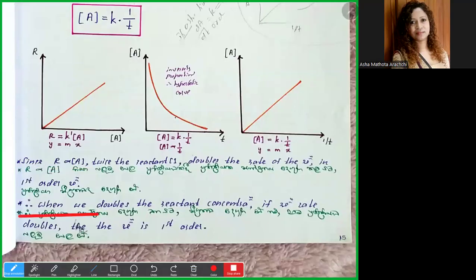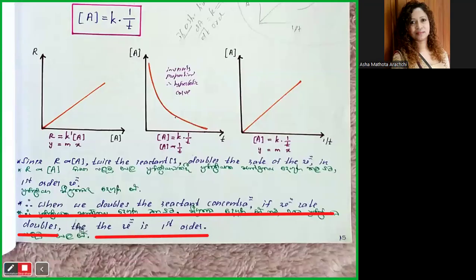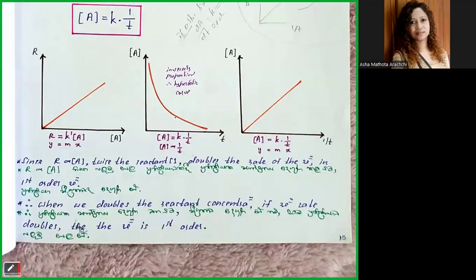Okay, so that is right. Therefore, when we double the reactant concentration, if the reaction rate doubles, the reaction is first order.